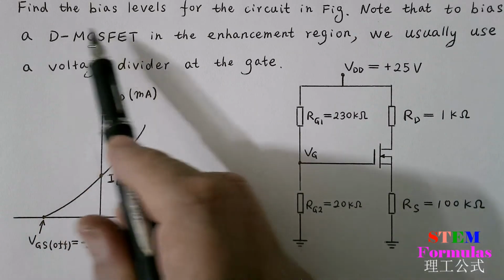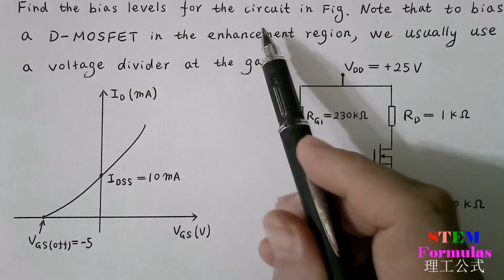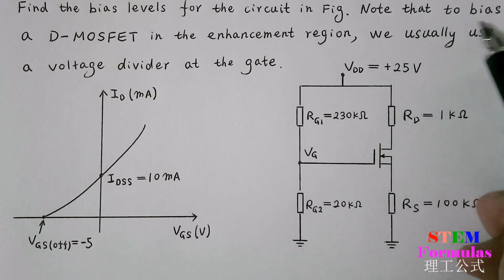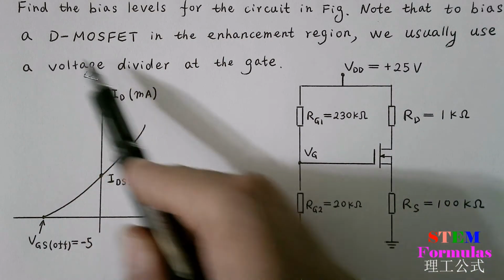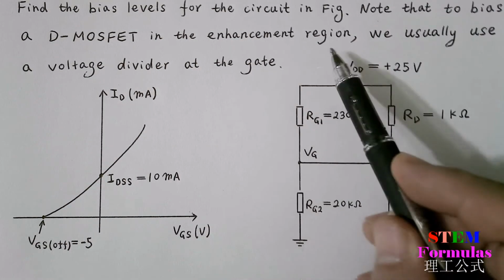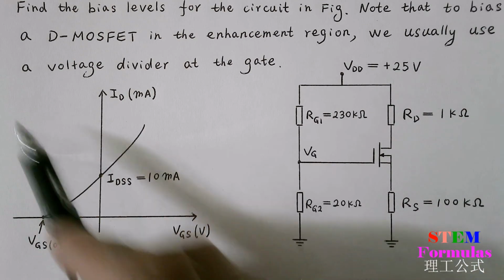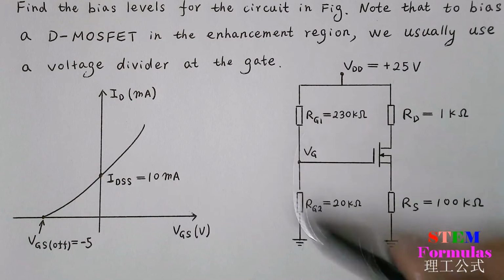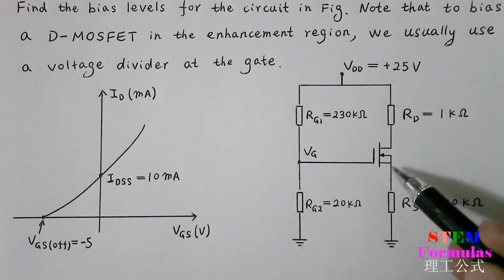Find the bias levels for the circuits in the figure. Note that to bias a D MOSFET in the enhancement region, we usually use a voltage divider at the gate. Here's the voltage divider at the gate.